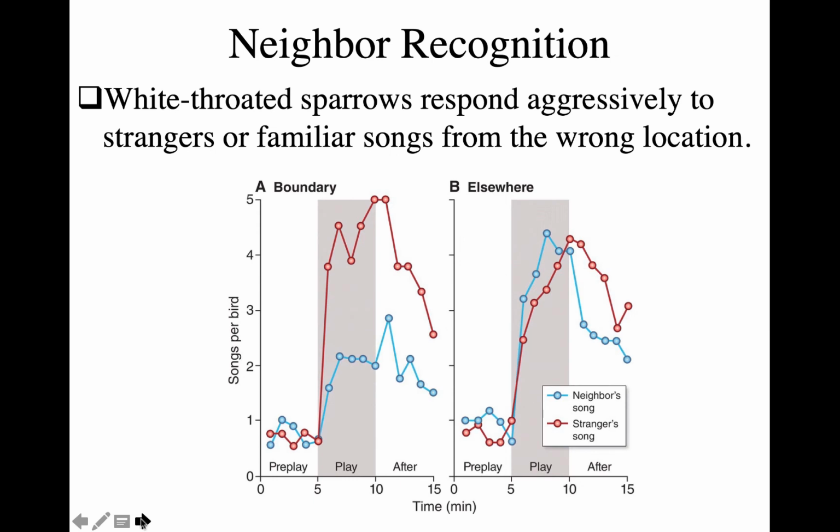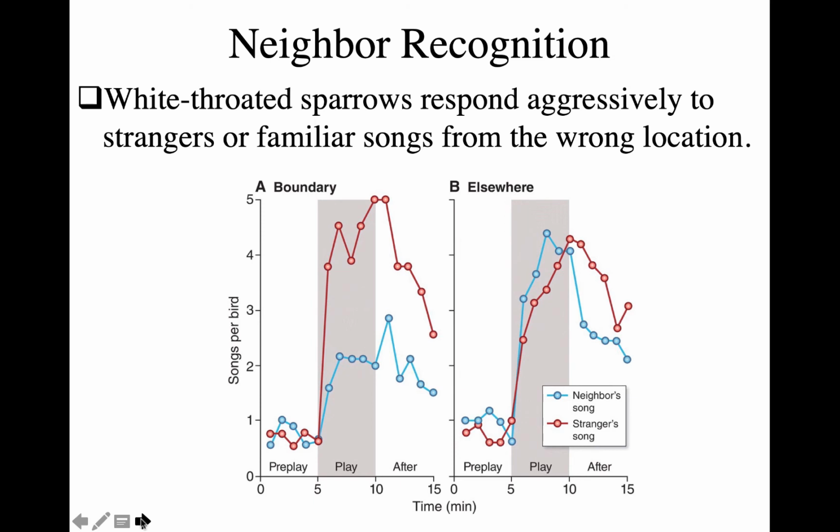Here's another example of the importance of variation in territorial song on the behavior of males in territorial defense. It turns out in white-throated sparrows and other species that they tend to respond more aggressively to the vocalizations of strangers or even familiar songs if they're coming from the wrong location.